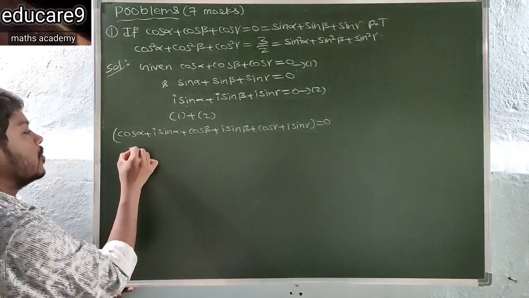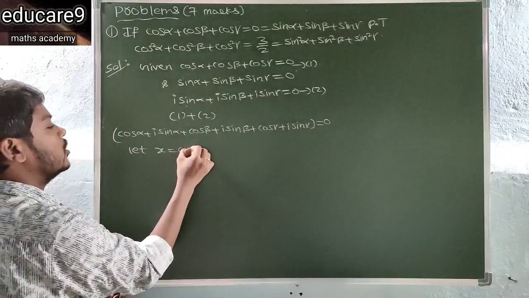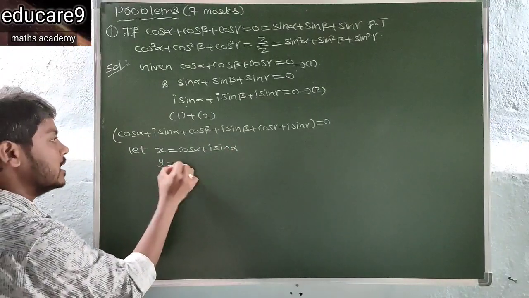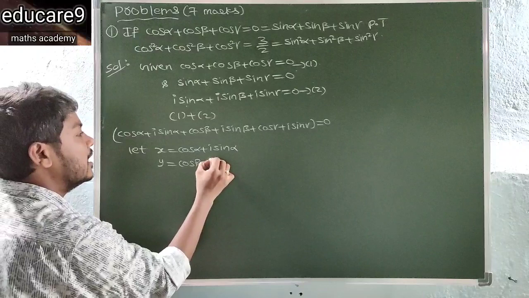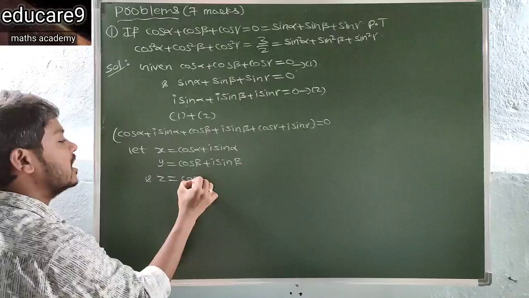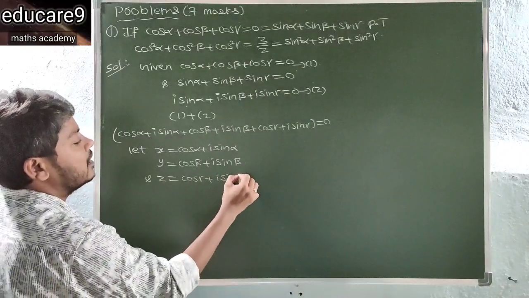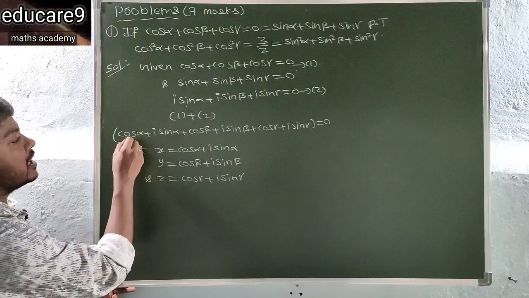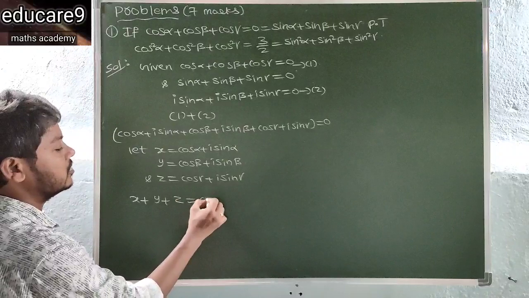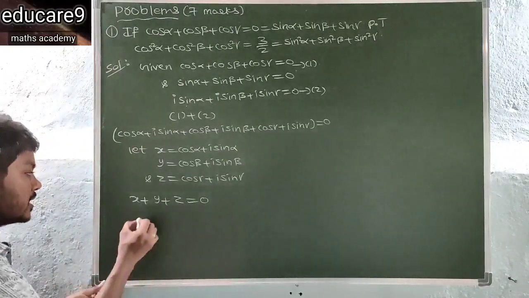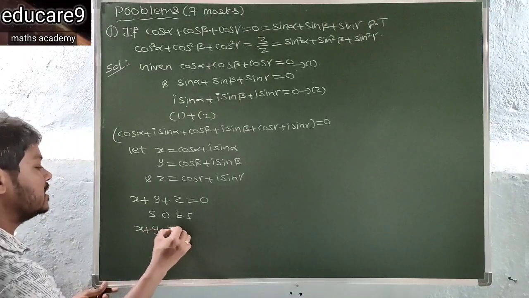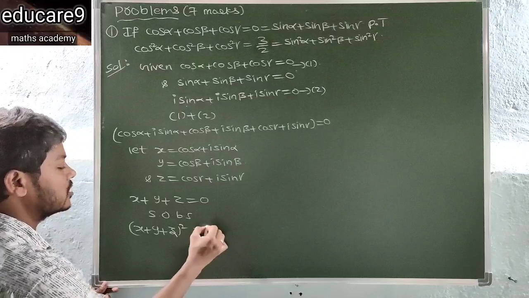Now assume x is equal to cos alpha plus i sin alpha, y is equal to cos beta plus i sin beta, and z is equal to cos gamma plus i sin gamma. So clearly, substituting here, x plus y plus z is equal to 0. Now squaring on both sides, we get x plus y plus z whole square is equal to 0.